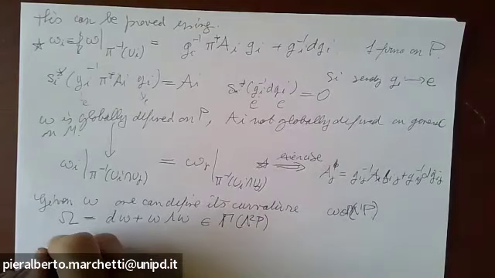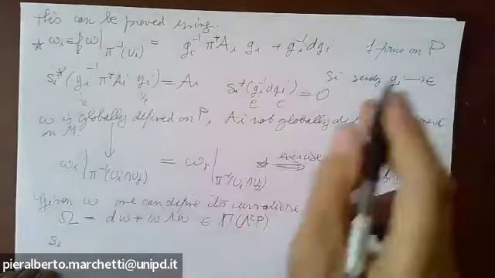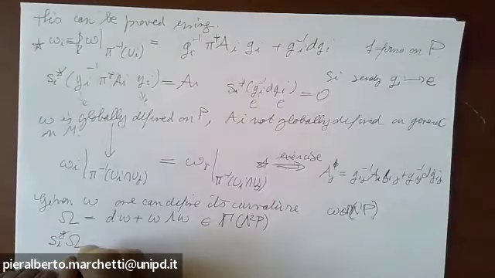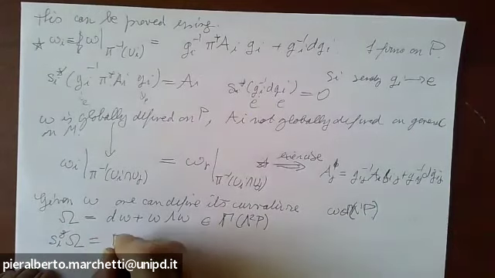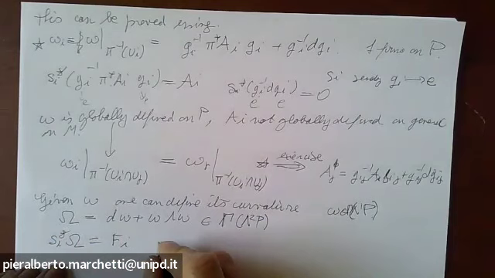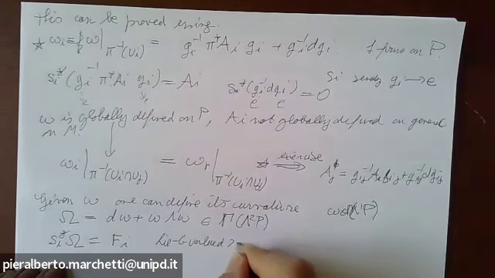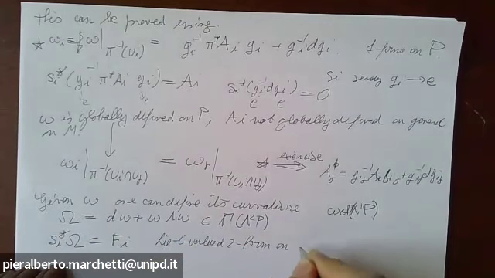And now again you have a section like before, you perform the pullback of this form, and you get some form F_i, which now will be a Lie algebra valued two-form on U_i.